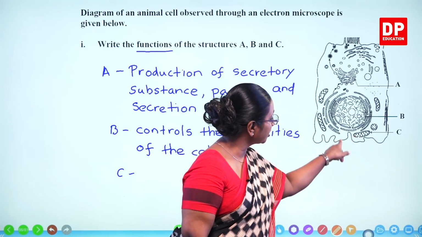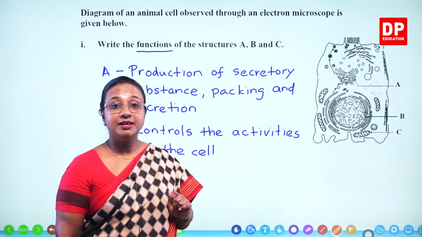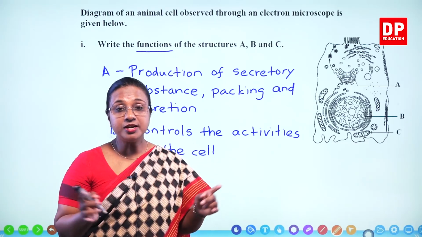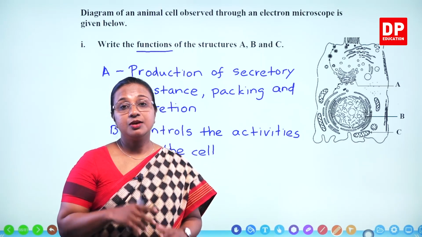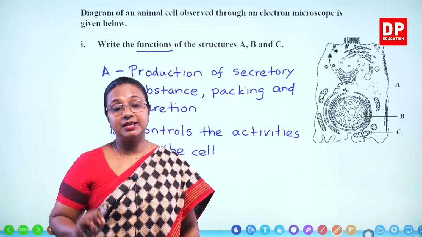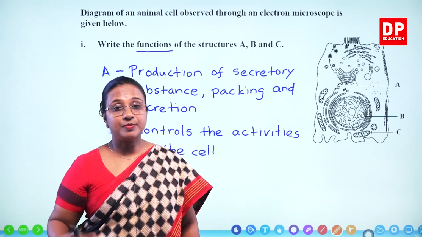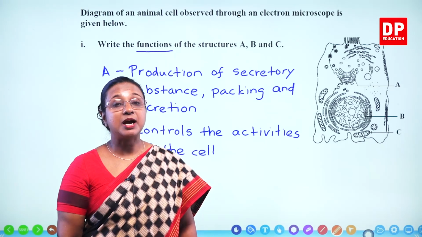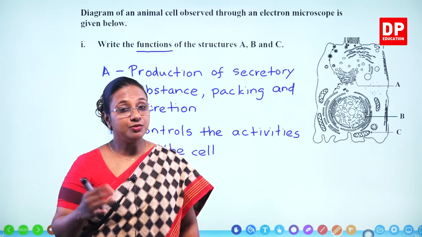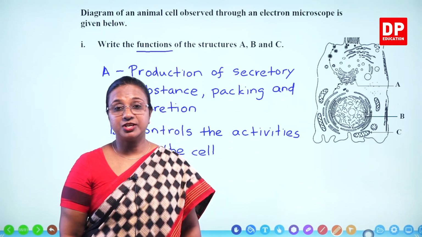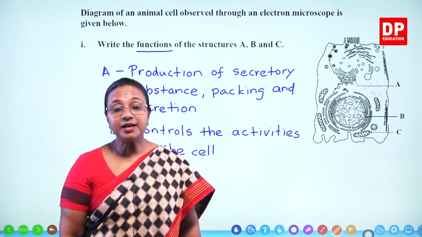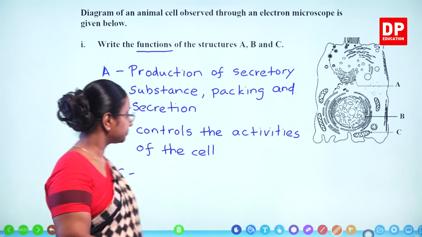Then we have structure C. Can you see the structure C here? Yes, it is a rod-shaped structure with the folded membrane inside. So, what is it? It's the mitochondria. And you know the function of the mitochondria. Aerobic respiration.